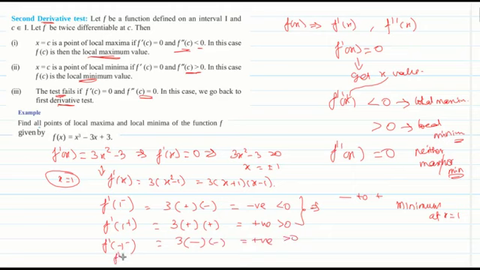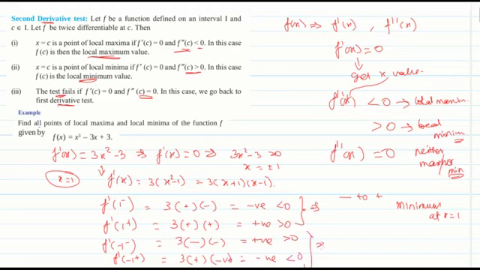Then f dash of minus 1 plus: minus 1 plus lies between minus 1 and 0, so x plus 1 is positive but x minus 1 is negative, so you will be getting negative, lesser than 0.